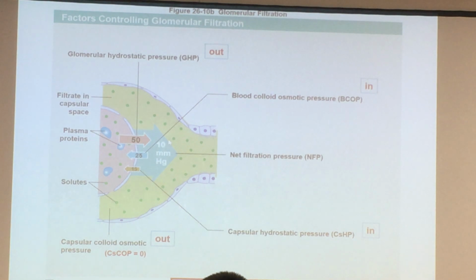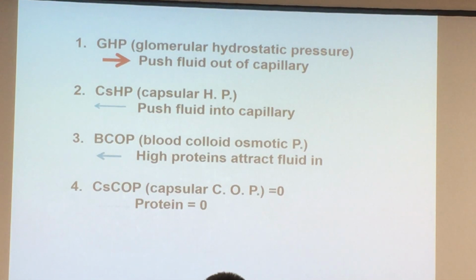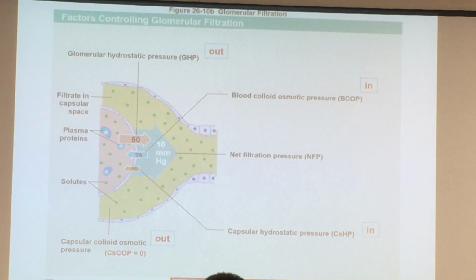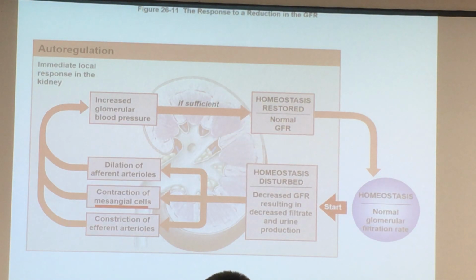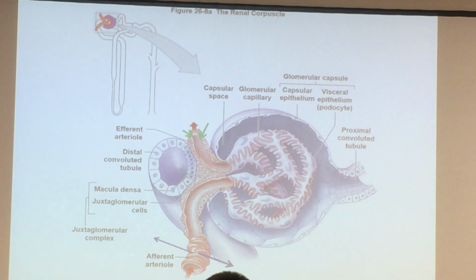So the filtrate continues to go up. And the molecules there are only small molecules, only sodium, chloride, or glucose. Okay. And for you, you have to know this equation. All right. So now you know this one.